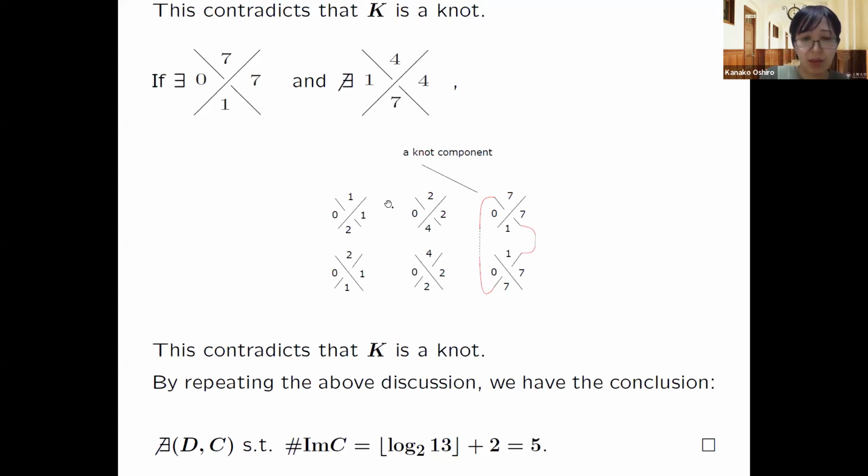By repeating this discussion, we have the conclusion. So there does not exist such a colored diagram D_C satisfying that the number of colors is equal to the floor of log base 2 of 13, plus 2.